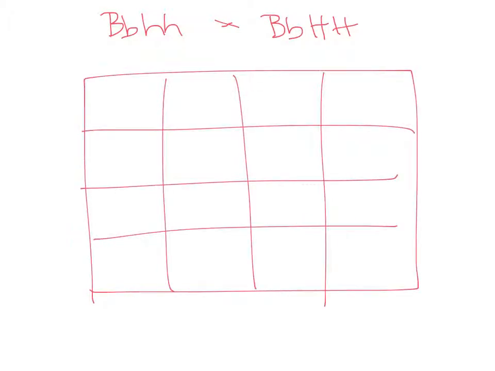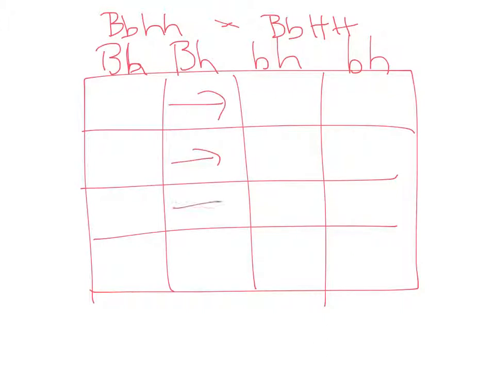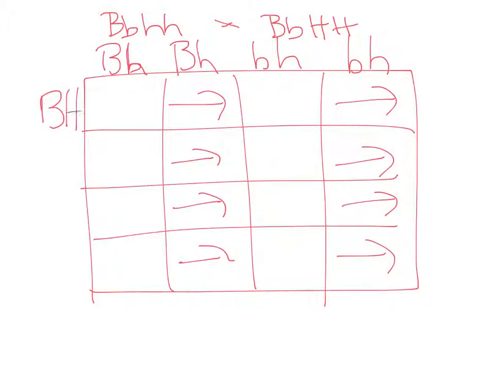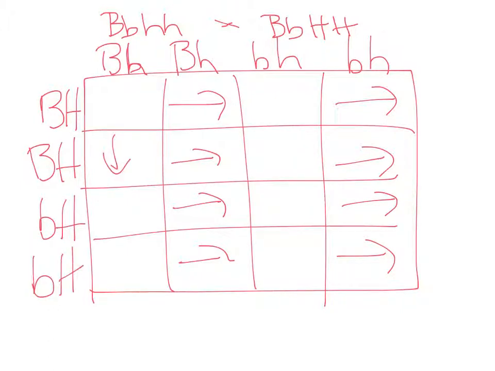I just do it in the order of the problem. So FOIL: big B, little h, big B, little h, little b, little h, little b, little h. So I have a repeat going in one square. Second parent: big B, big H, big B, big H, little b, big H, little b, big H. So I have a repeat of one square as well.